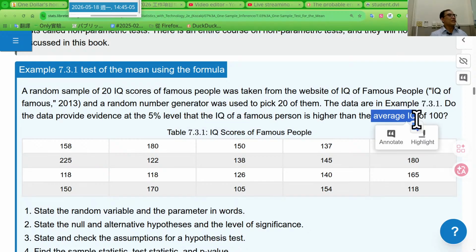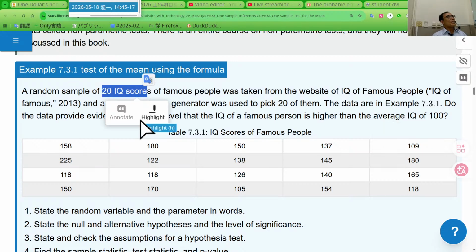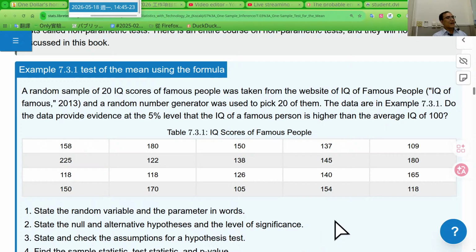But it's impossible to collect the information from all high IQ people. Thus, only 20, I think this number is reasonable. Only 20 smart, famous people, their IQ scores have been collected here, then compared to the average 100.